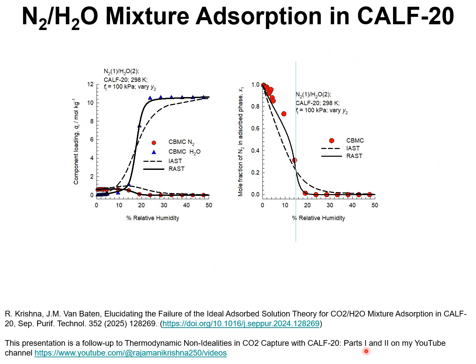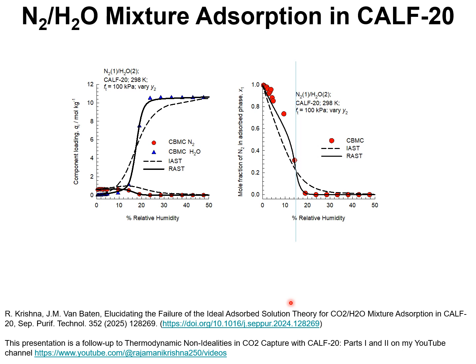In parts 1 and 2 of my video presentations investigating thermodynamic non-idealities in CO2 capture with CAF 20, I examined mixtures of CO2 and water adsorption in CAF 20. I demonstrated the existence of two scenarios that manifest at low and high humidities.